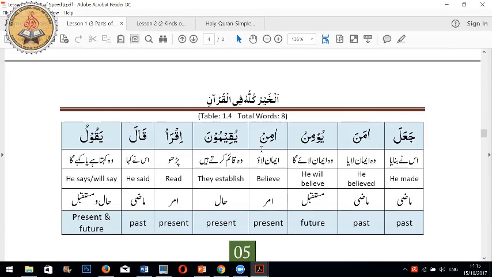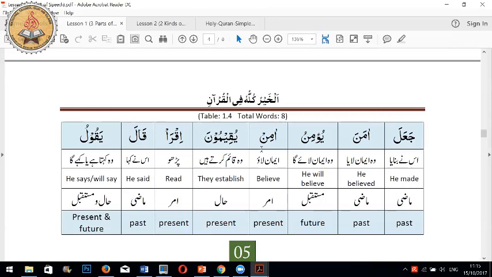dhamma is included. Inshallah, I will let you know why yuqimuna, what is the original word, and why something has been added, sometimes a prefix, sometimes a suffix. Now yaqulu, the translation is written, he says and will say. Wo kehta hai ya kahega.